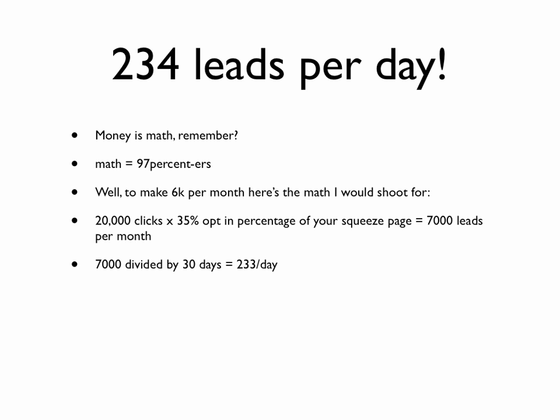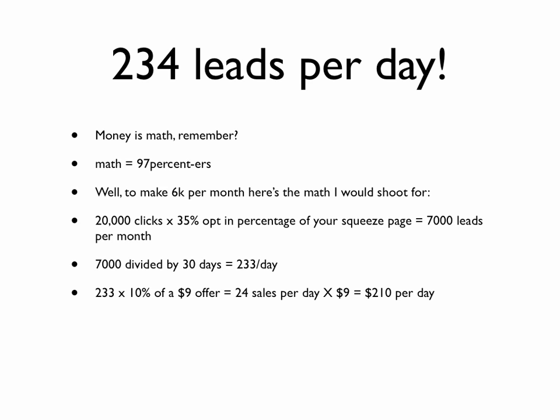Now, 7,000 leads divided by 30 days is 233 leads per day. 7,000 divided by 30 is 233.33 leads per day. 233 leads times 0.10, 10%, is about 24 sales per day. 24 times $9.